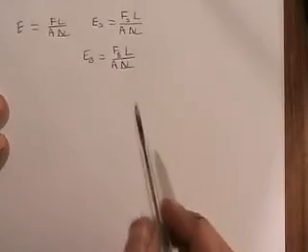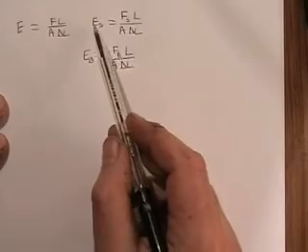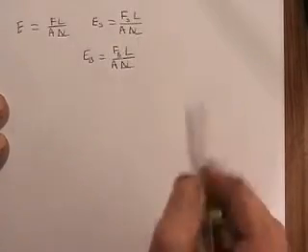Now what I'm going to do with those equations is separate out the things that change, so the Young modulus and the force, that's different for the two wires, but everything else is the same.